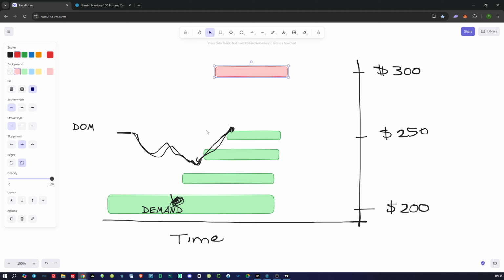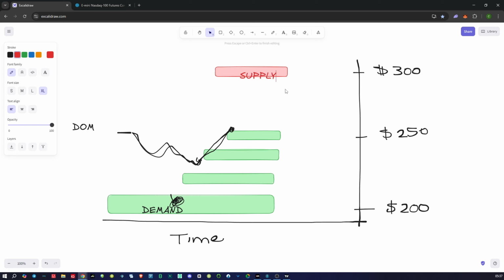This trader that bought for 250 way back here can see there's a lot of demand at these price levels. So they put in a sell order, the supply priced at 300. Now this would be their supply.